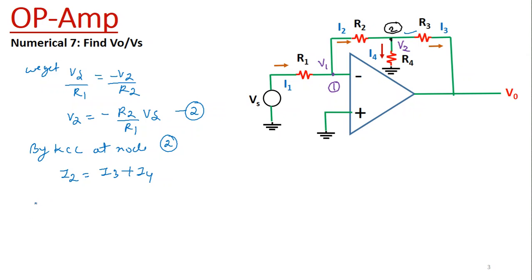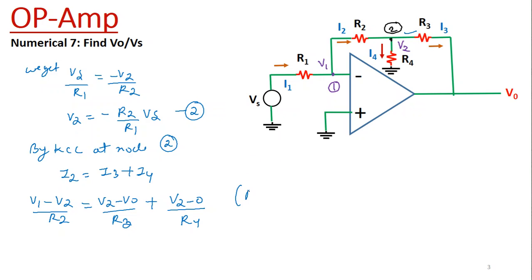I2 will be equal to V1 minus V2 divided by R2, I3 will be equal to V2 minus output voltage VO divided by R3, plus I4 will be equal to V2 minus 0, because this is at ground potential, divided by R4. This is the equation which we are getting.